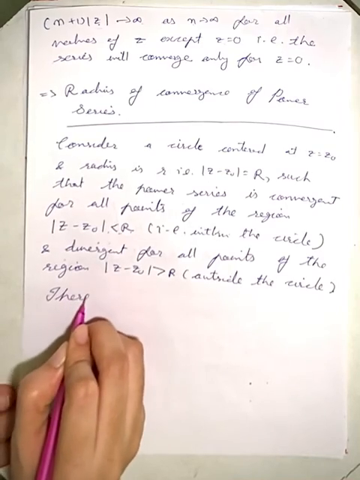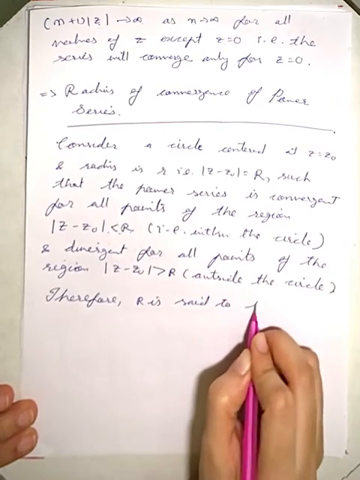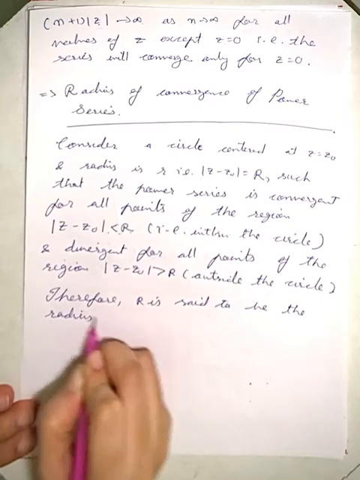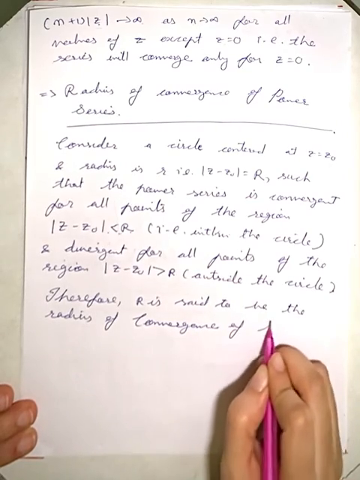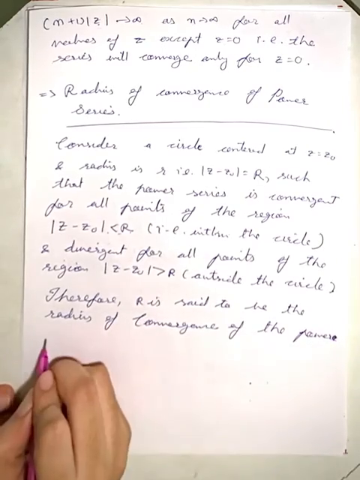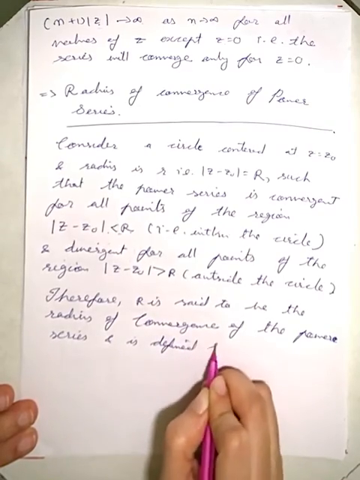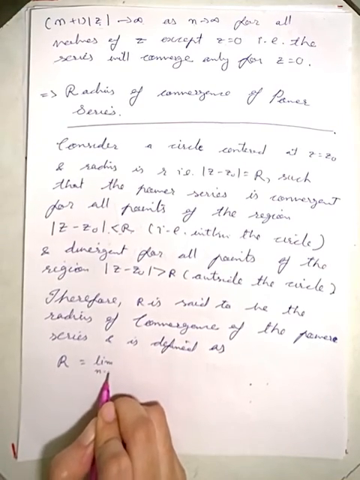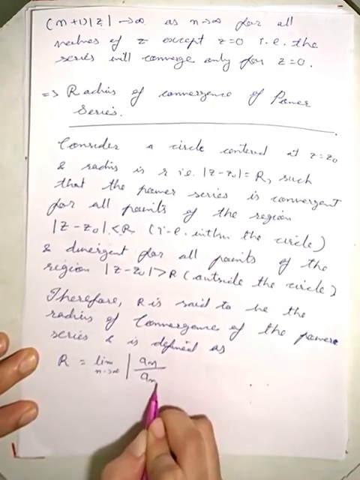And therefore R is said to be the radius of convergence of the power series, and is defined as R equals limit n tends to infinity of an upon an plus 1.